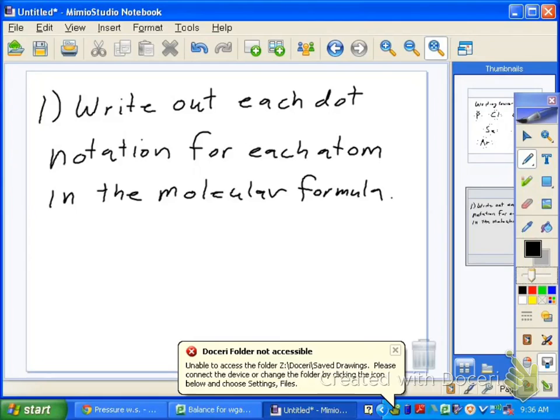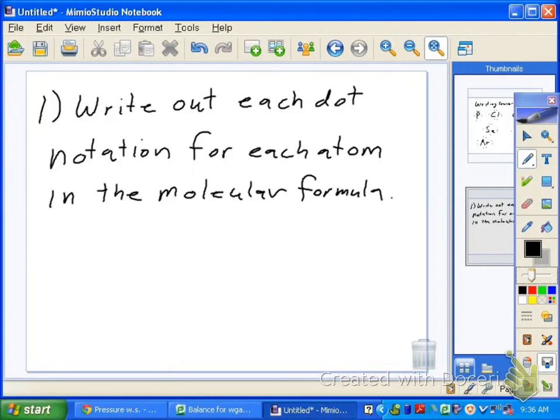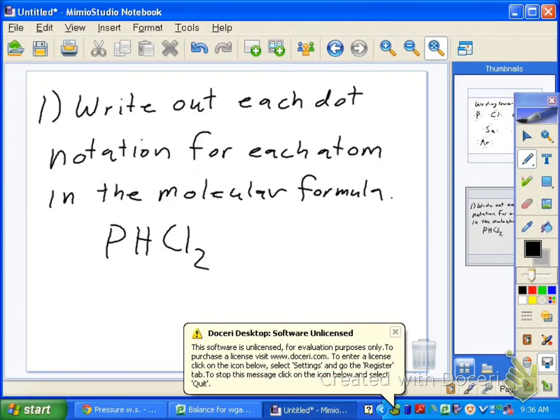So here's your molecular formula: PHCl2. We know that's a molecular formula because they're all nonmetals. We know it's a chemical formula because we're given symbols and numbers of every atom within the actual molecule. It's made up of 1 phosphorus, 1 hydrogen, and 2 chlorine.